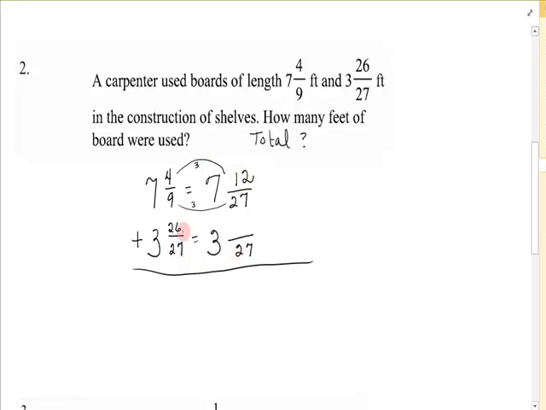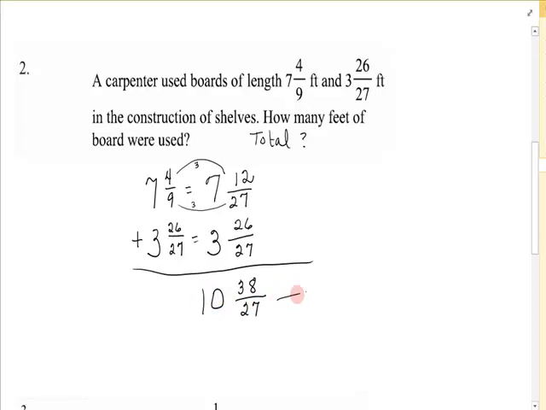No change here, so no change on the top. I'm going to add. When I add 2 and 6, it's 8, and 1 and 2 is 3, so I have 38 27ths. I add the whole numbers for 10.